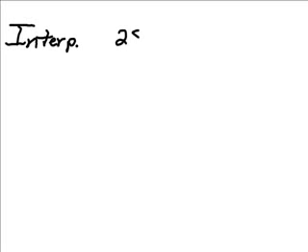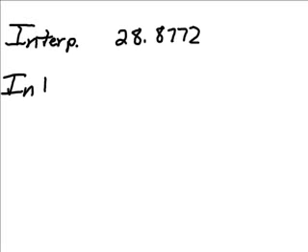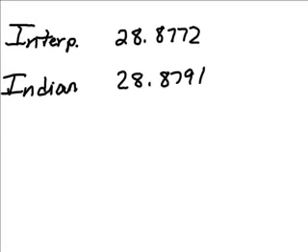What I want to do is take a look at all 3 answers at the same time. When I used interpolation, I ended up with 28.8772. When I used the Indian method, the answer I got was 28.8791.